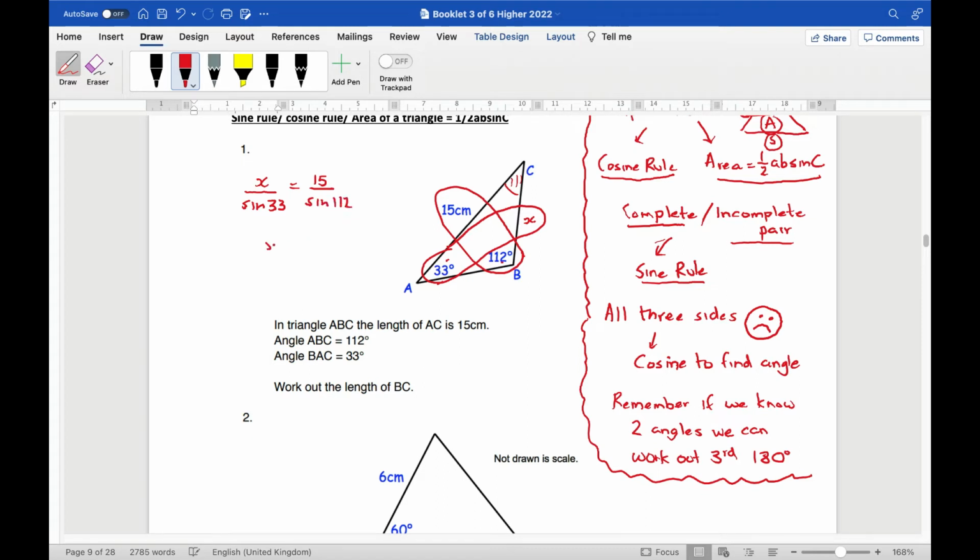And all we would need to do here is take the sine 33 up there as a times. You can use brackets around the angles, okay? And that'll give you your answer to that. Maybe you give your answer to 1 decimal place.